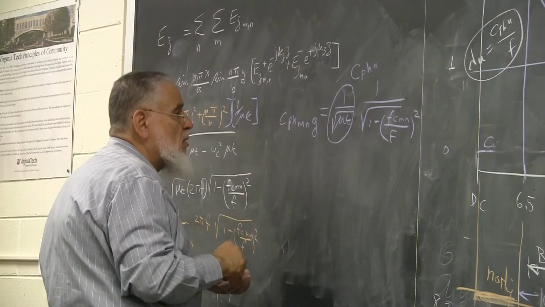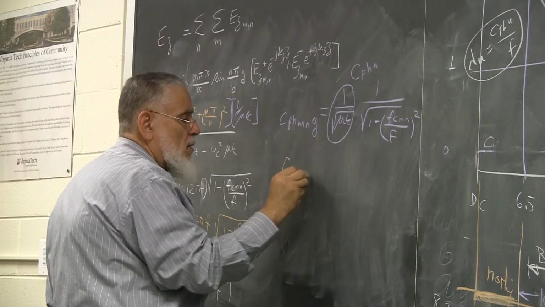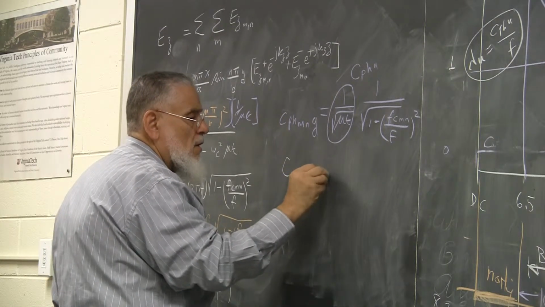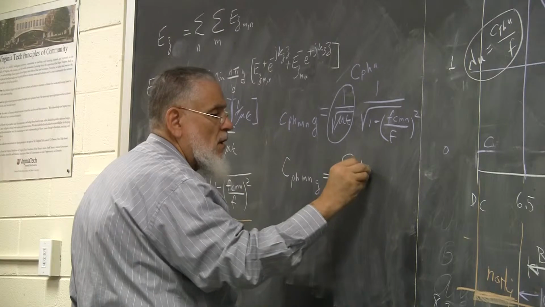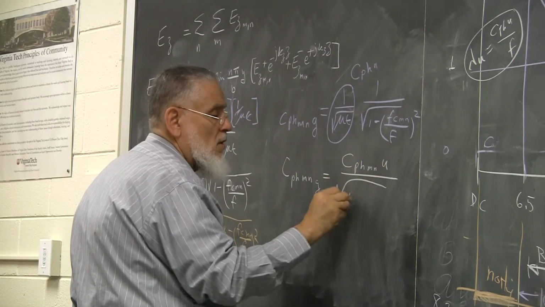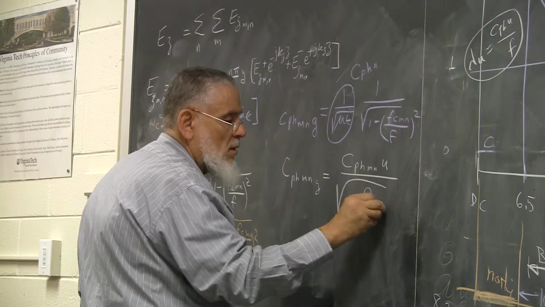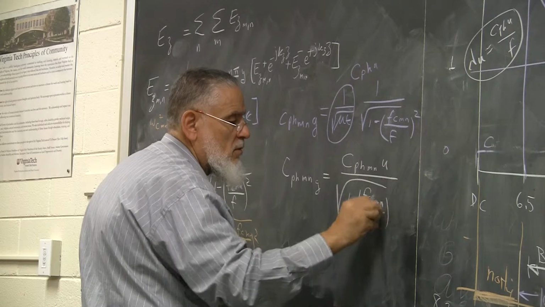So we conclude that C phase mn guided is equal to C phase mn unguided divided by the square root of 1 minus fc mn over f, whole squared.